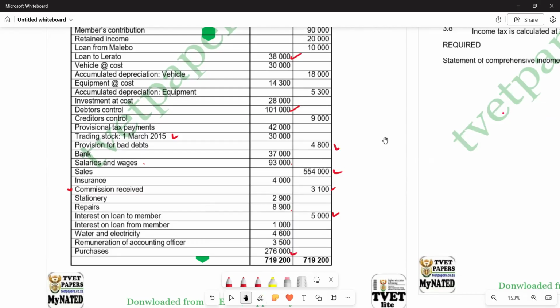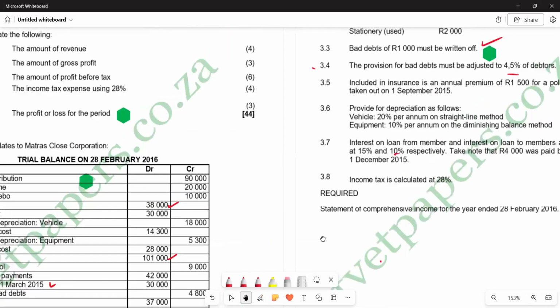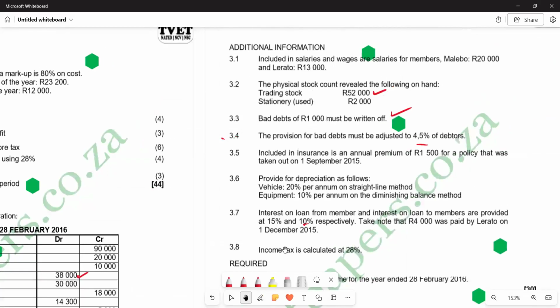So if you go to additional information, you'd see that we are told that on item number 3.1, included in salaries and wages are salaries for members, Malebo 20,000 and Renato 13,000. So we need to remove these amounts from salaries and wages and charge them as Malebo 20,000 and Renato 13,000.